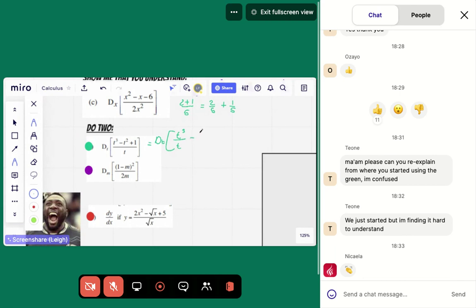Subtract T squared over T. 100%. You've got it. And then the third term? Plus 1 over T. Excellent. You've got it 100%. Are we ready to differentiate?